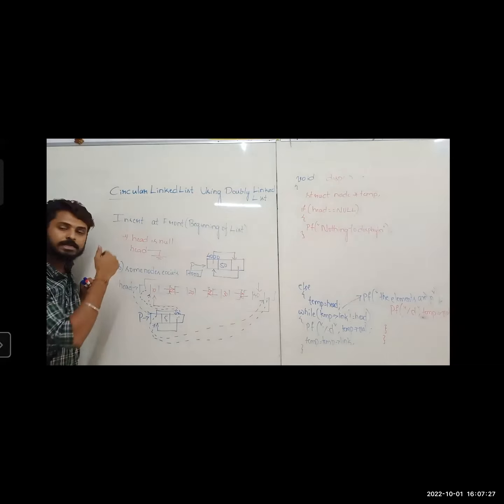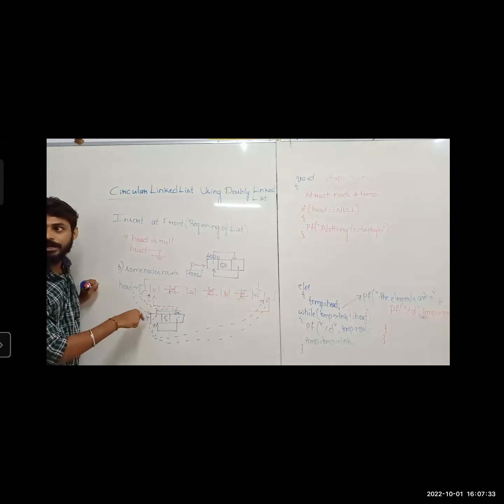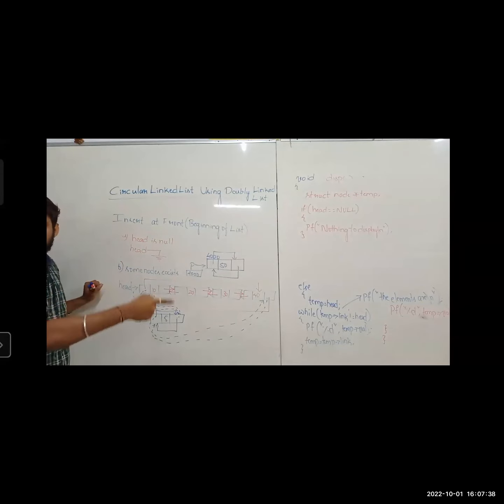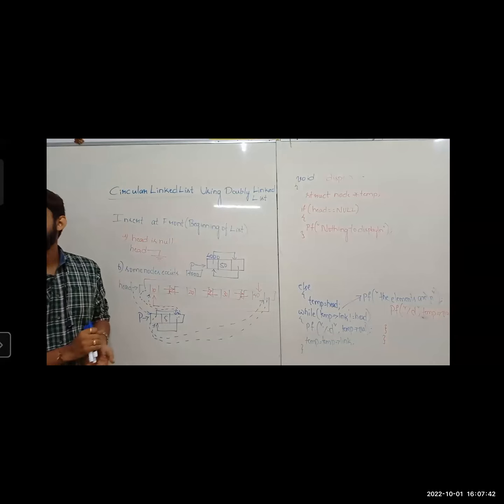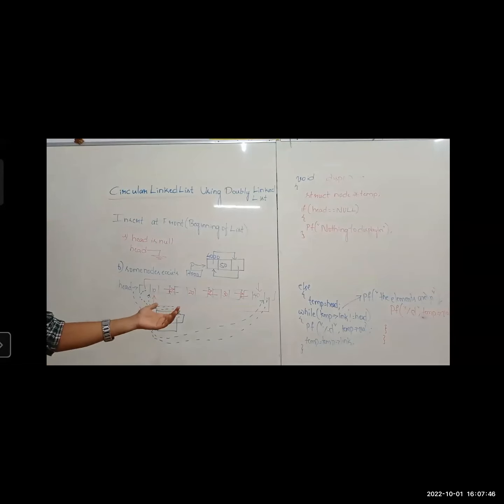Yes, and the second node's left link should be pointing to P. Yes, and also P's left link should be pointing to the last node, and the last node's right link should be pointing to P, because as I've already told, it is a circular linked list. Got it?